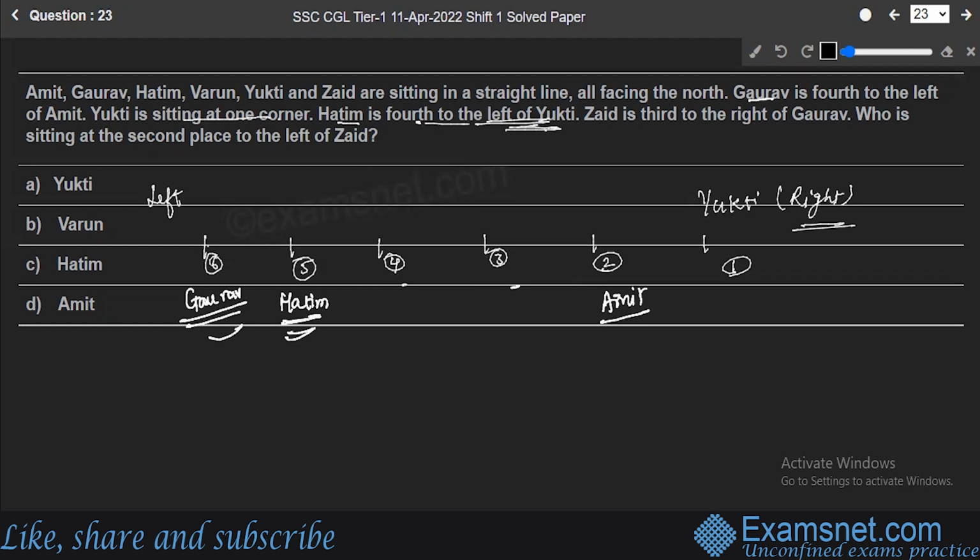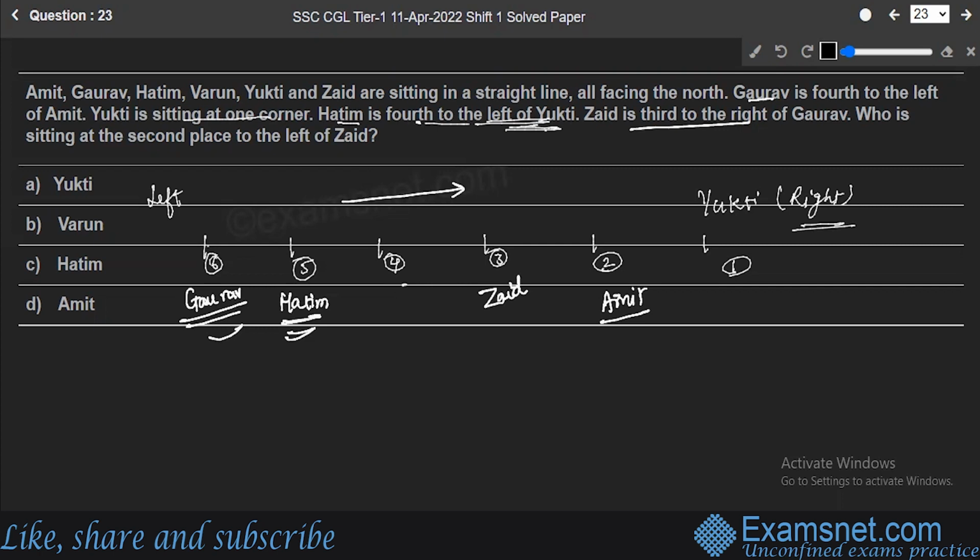Right? Next thing that is given, Zaid is third to the right of Gaurav. Here is Gaurav and this is the right side of Gaurav. So where is Zaid? Zaid is third to the right of Gaurav. That means Zaid is over here. He's at this position, right? Next is only Varun.